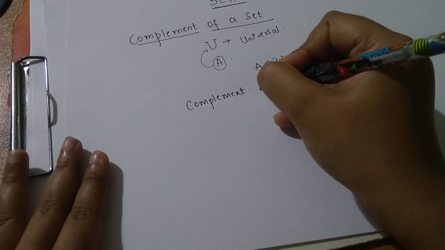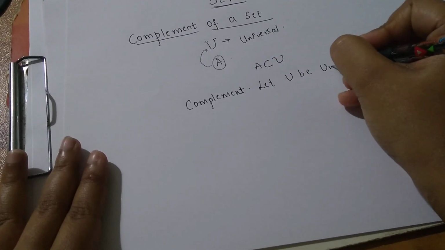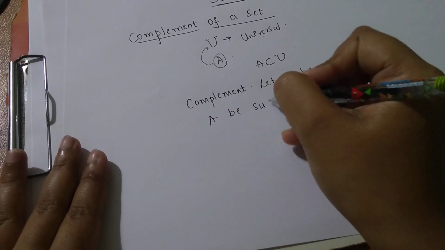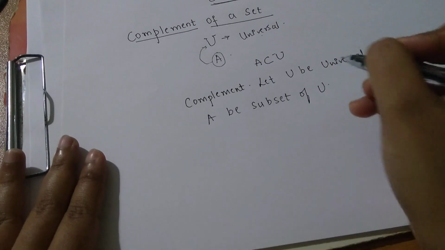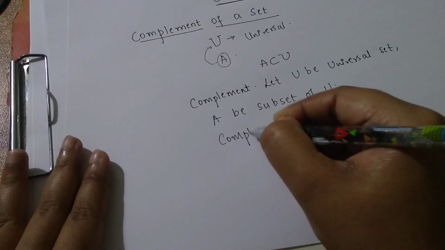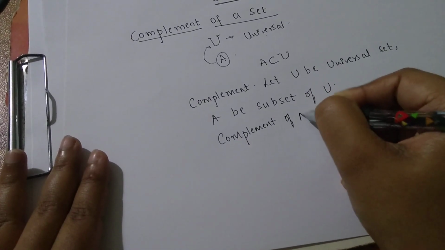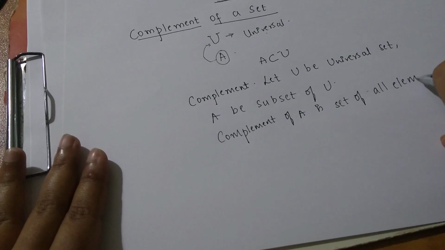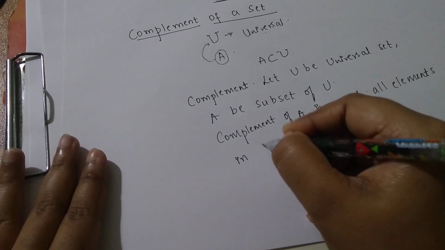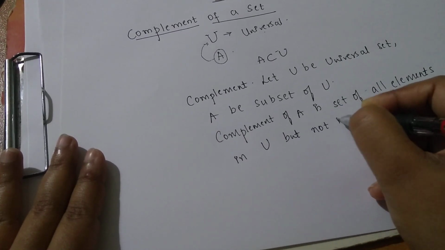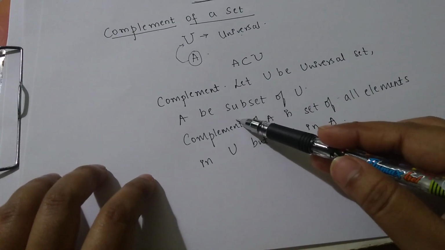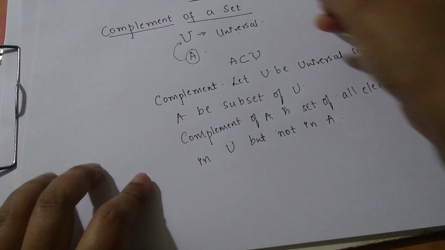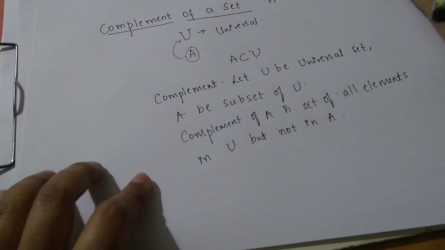Okay. To find the complement, we are going to define it like this: let U be the universal set, and A be a subset of U. Then the complement of A is the set of all elements in U but not in A. So it is the set of all elements which are there in the universal set but should not be there in A. It is denoted by the symbol A dash.